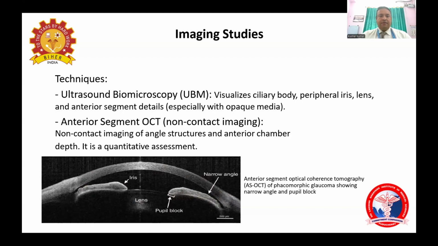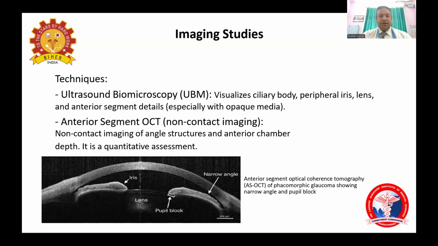Other techniques are ultrasound biomicroscopy, which helps visualize the ciliary body, the peripheral iris, the lens, and the anterior segment details, especially when the media is opaque. Or you could also nowadays use something called an anterior segment optical coherence tomography, which is a non-contact imaging of the angle structures and the anterior chamber depth.